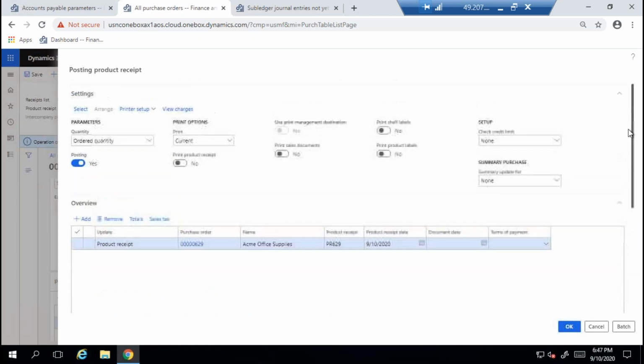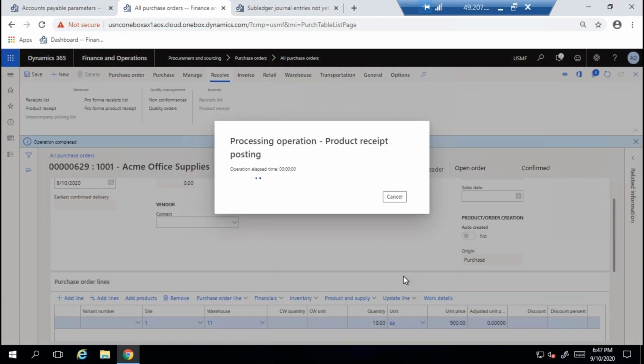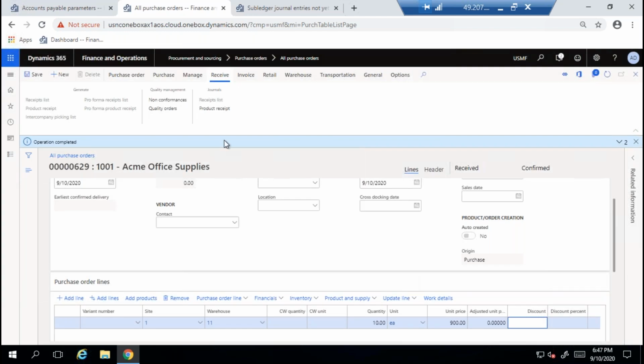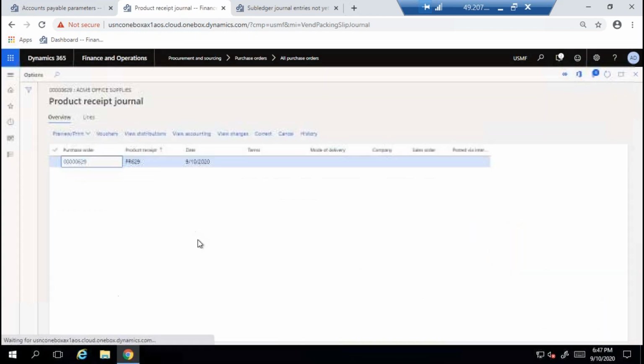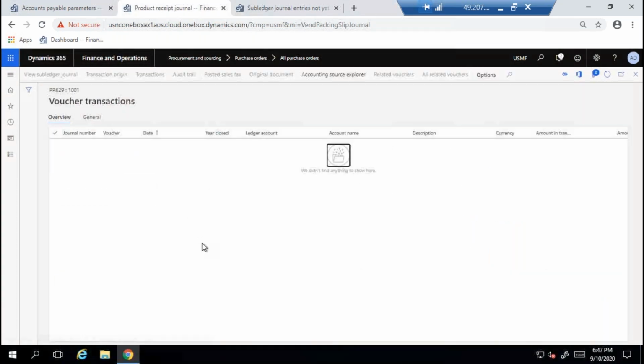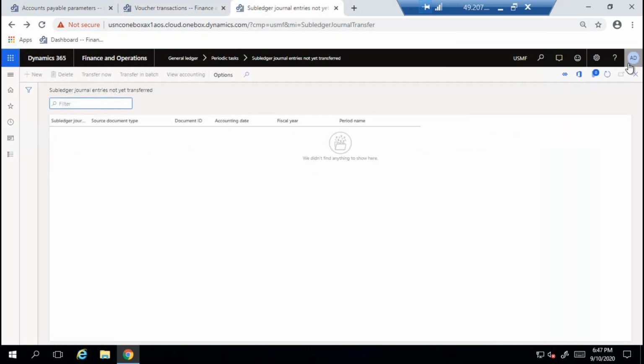Click OK. Now verify the product receipt vouchers. Give me 1 second. Is there anything? Let me do transfer now.